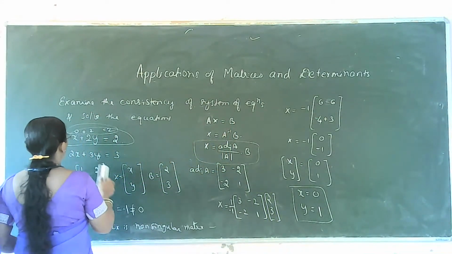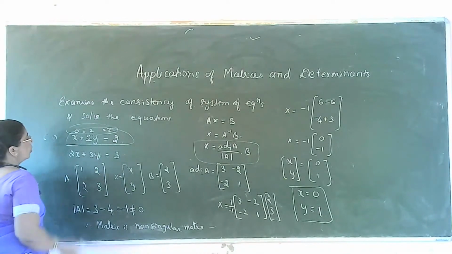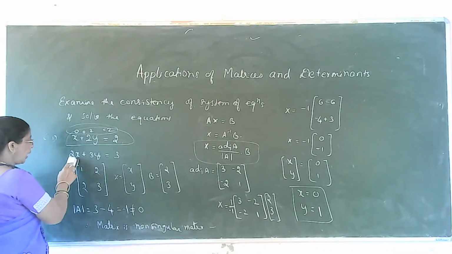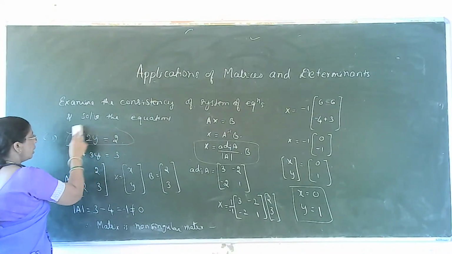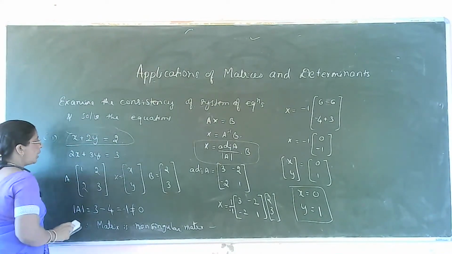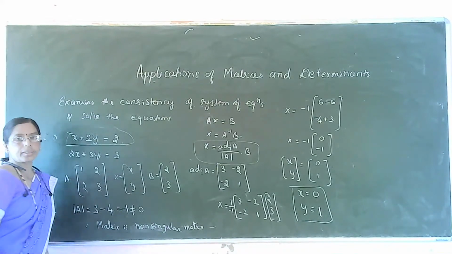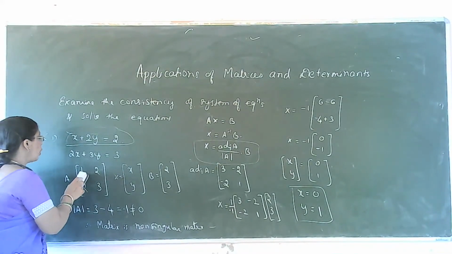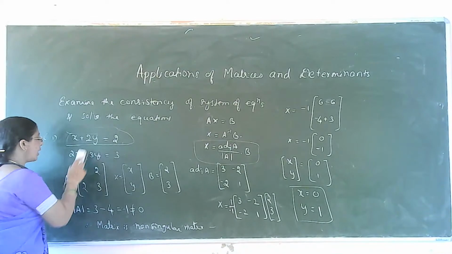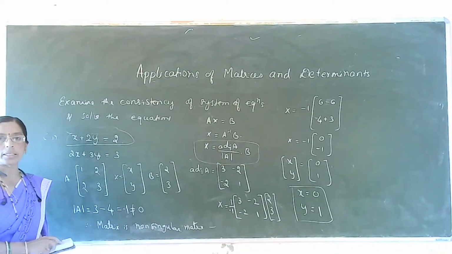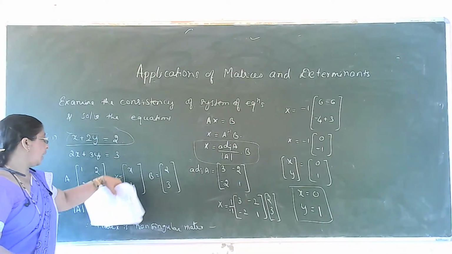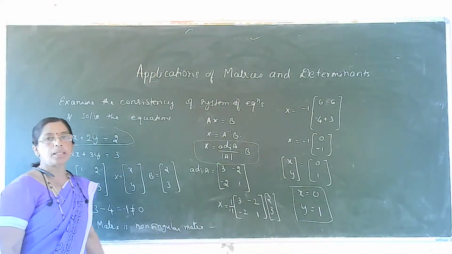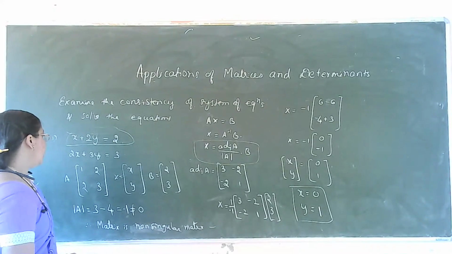Once again, follow the steps here. For the given two equations with two variables, write the three matrices: the coefficients of x and y, first and second equation in the first row and second row. Then X has two elements, x and y.